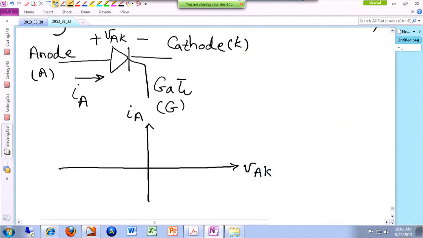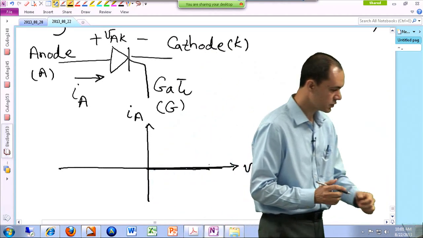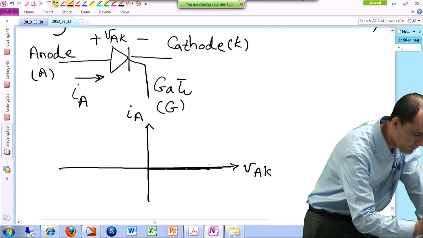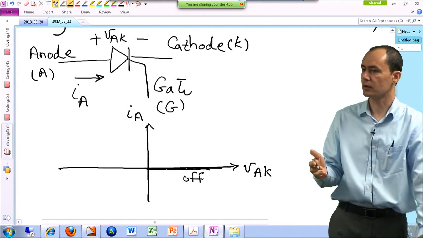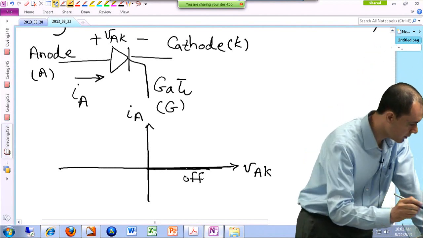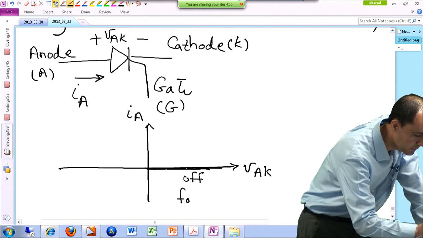So it's here. Meaning that if I have some positive voltage drop across the component, there won't be any current passing through the component. So in this region, you would say the component is off, or it hasn't been triggered yet, or the gate hasn't been activated yet. And this region is called forward biasing.